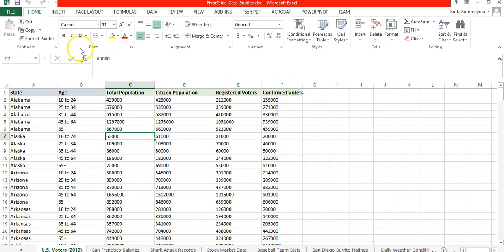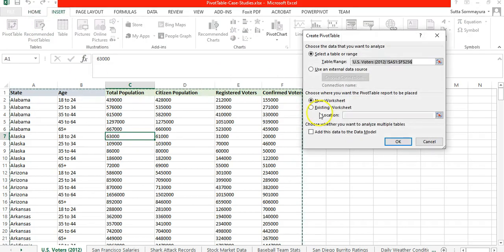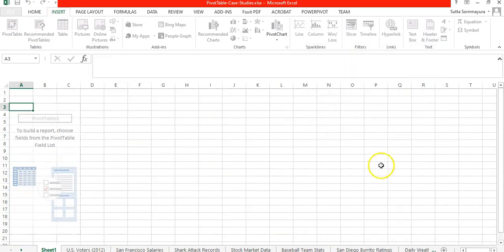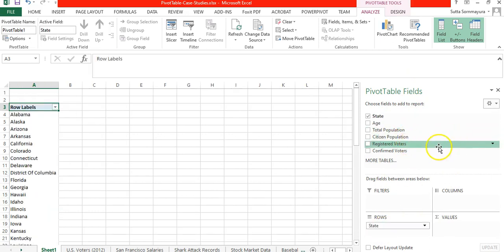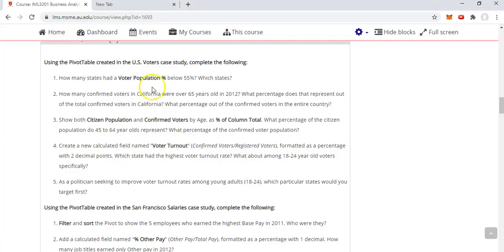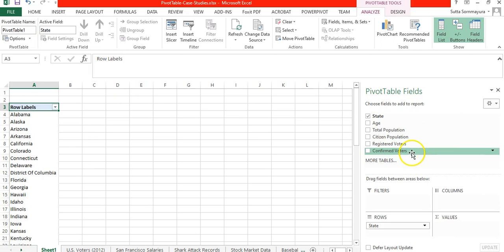Okay, so first of all, you have to create a pivot table. Okay, and you can put the water populations, because the water population is the ratio between confirmed water and citizen populations.